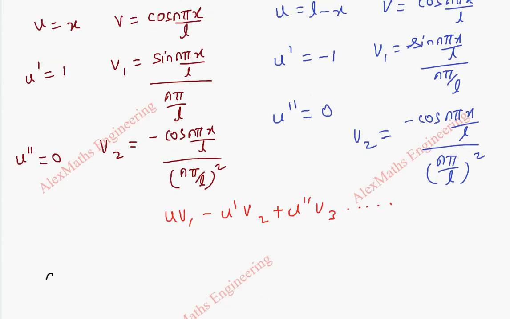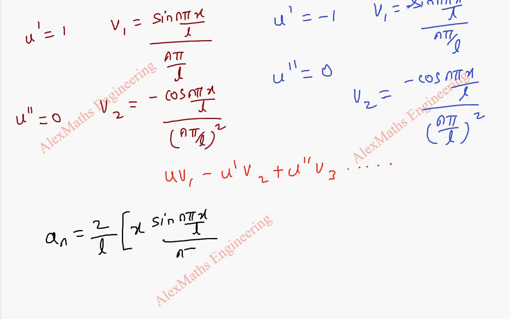So an becomes, outside we have 2 by L. Applying this formula for the first set of terms, it is x into sin n pi x by L by n pi by L, minus u dash, which is 1, but v2 there is a minus sign, so I make this as plus cos n pi x by L by n pi by L whole square.